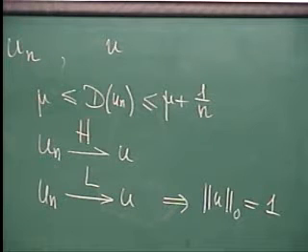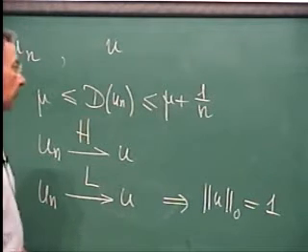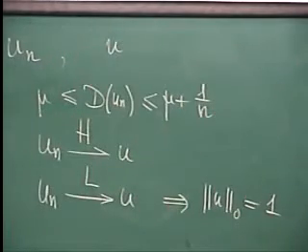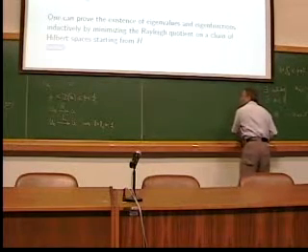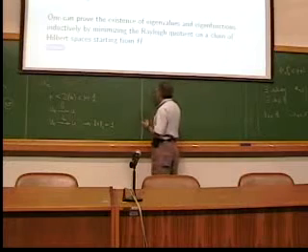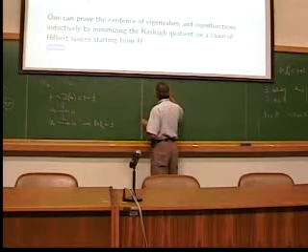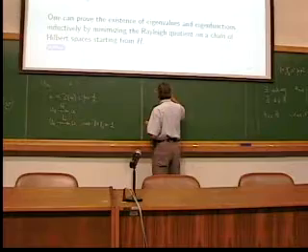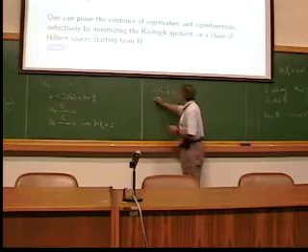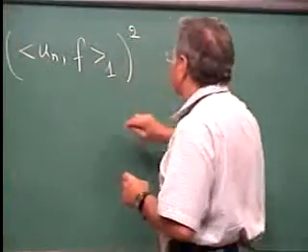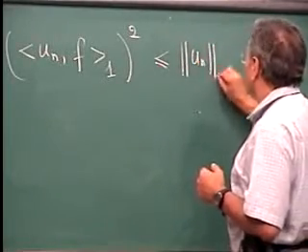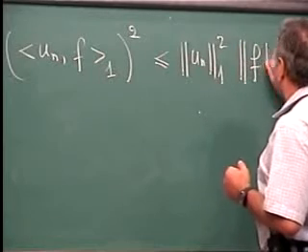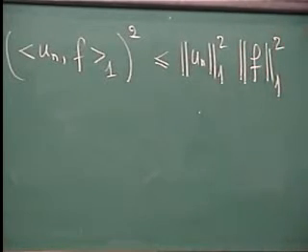And now you have to work a little bit more. That's easy. That's because mu is the infimum. So what you write is the following. If you take some f in H1, if you take this squared, this should be less than the norm of u_n in H1 squared times the norm of f in H1 squared. This is just Cauchy-Schwarz.